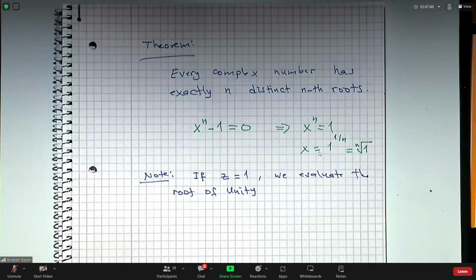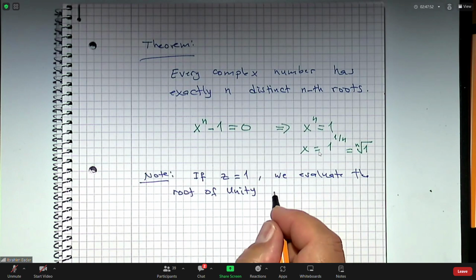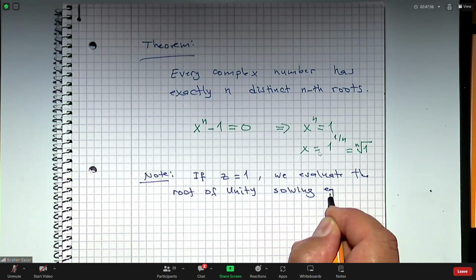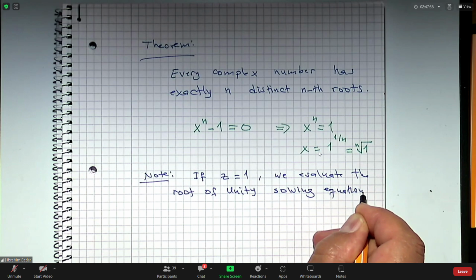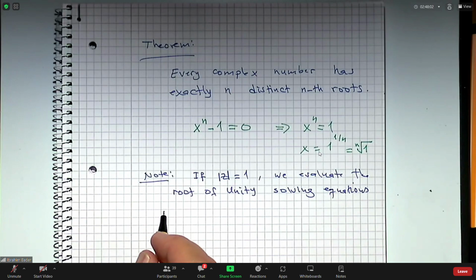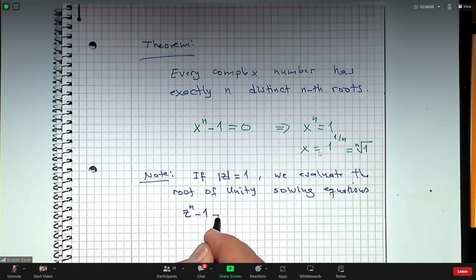And in this case, z to the power n minus 1 equals 0.